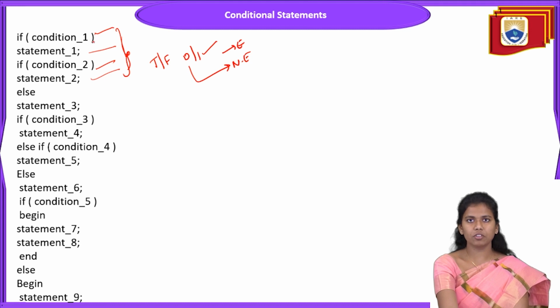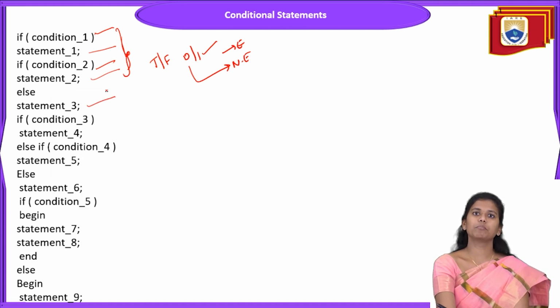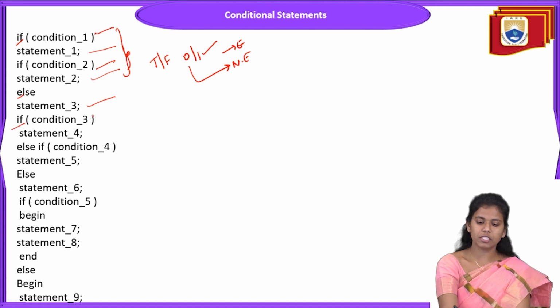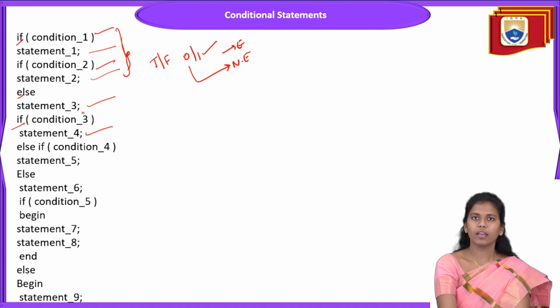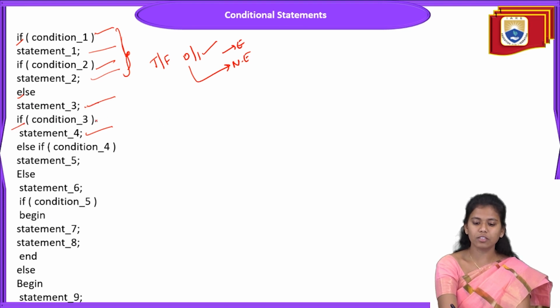So if it is executing, then it's well and fine. If not, I'm going for the else. So here else statement 3, and then I'm moving on to another statement followed with the if: if condition 3, and then statement 4.